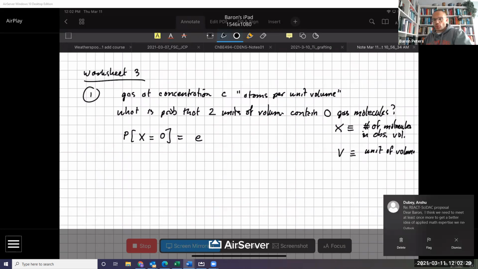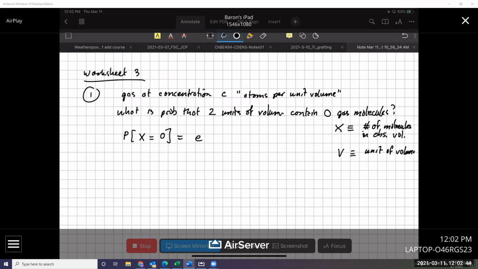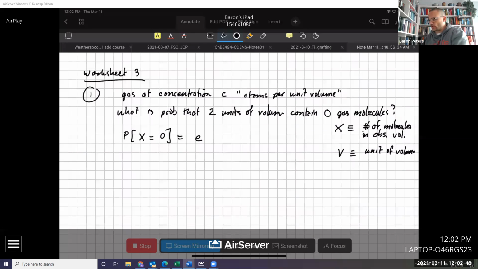So what distribution are we going to use? Poisson distribution, yes. So this is the Poisson with the case 0.